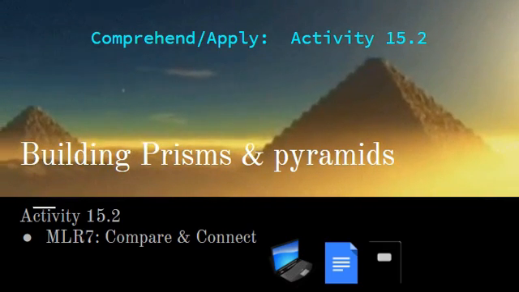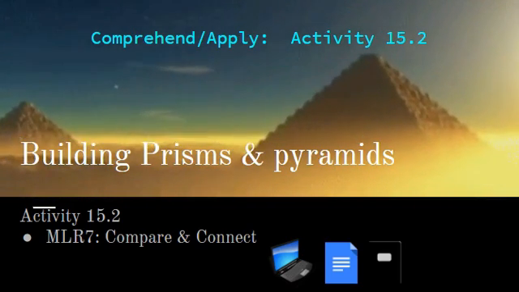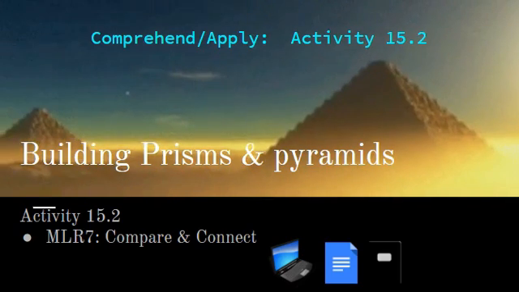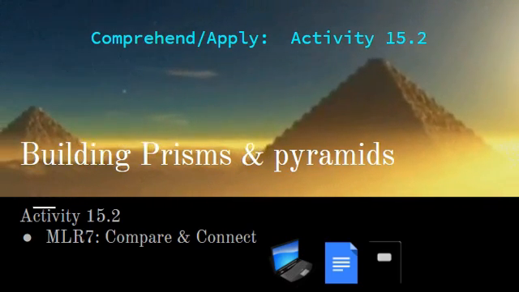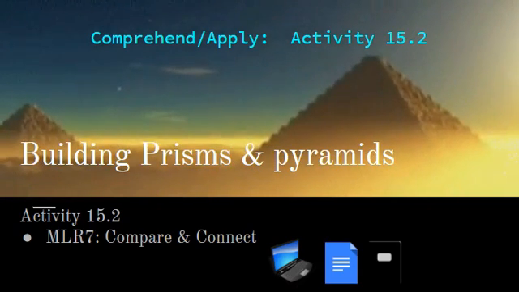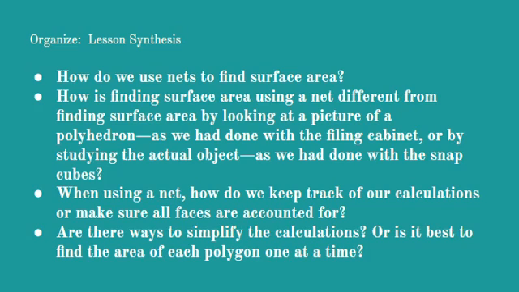So building prisms and pyramids, today we looked at a few things with finding surface area. As much as I'd like for you guys to make some, we're just not going to be able to do that. So let's talk about a few things. One, how do we use nets to find surface area? Well, they give us those flat spaces to figure out the area and add those together.